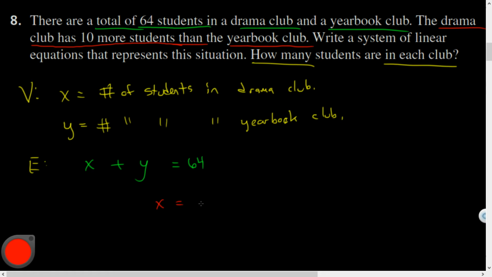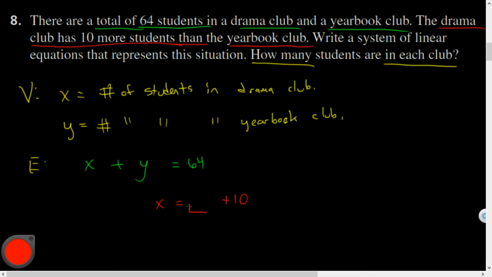Am I dividing by 10? Am I multiplying by 10? What does 10 more mean if I'm writing an equation? If it said 10 times, but it's 10 more, so I'm adding 10 to something. It's 10 more students than the yearbook club.